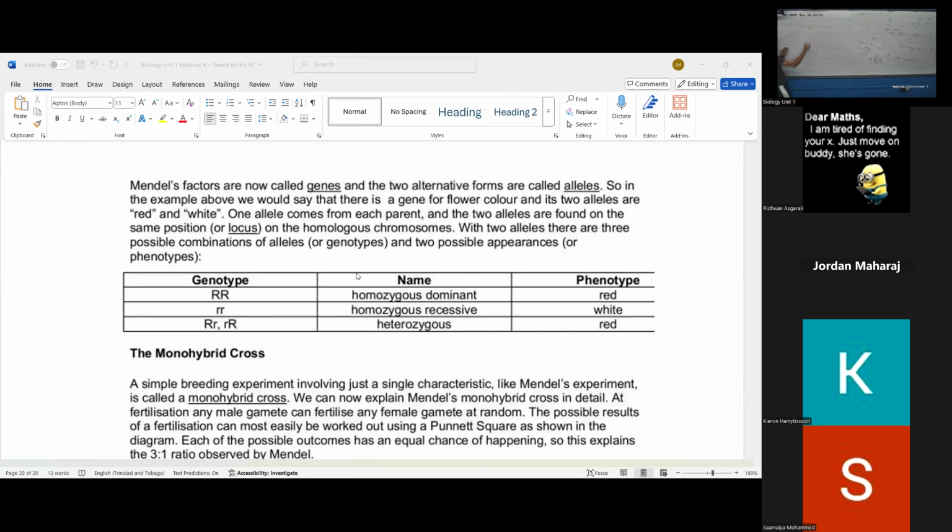How do you describe this combination? It's capital R, capital O. How do you describe it? Okay, that's one way, and you're correct, but use the terms homozygous and heterozygous. So is this homozygous or heterozygous? Heterozygous.